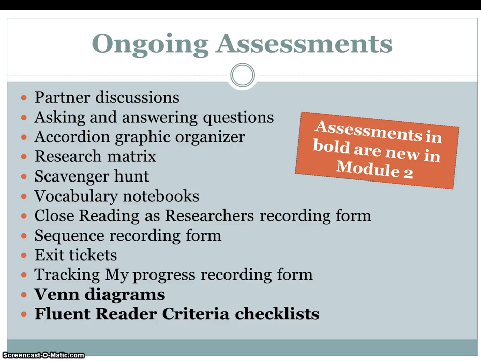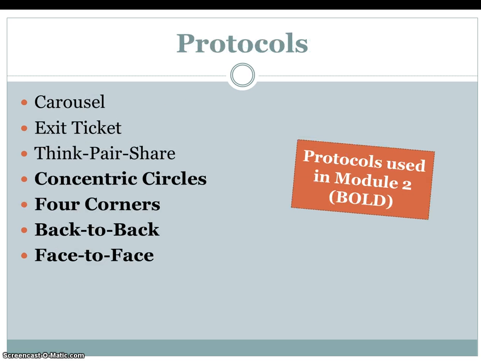The ongoing assessments include what has been used in Module 1, and the new ones include Venn diagrams and the Fluent Reader criteria checklist. Protocols that are new to this module are the concentric circles, four corners, back to back, and face to face.